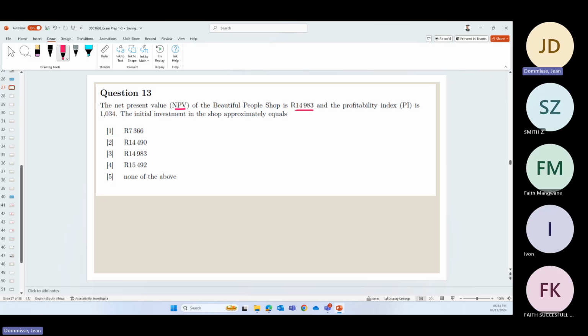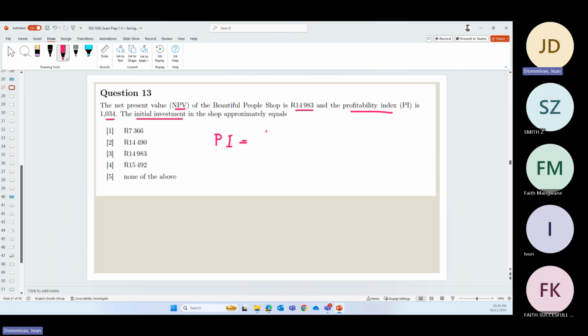Then they tell us we will need to work out the profitability index, or actually they give us the profitability index, and then we will need to work out what the initial investment is. So the important thing here is to write down the formula for the profitability index.